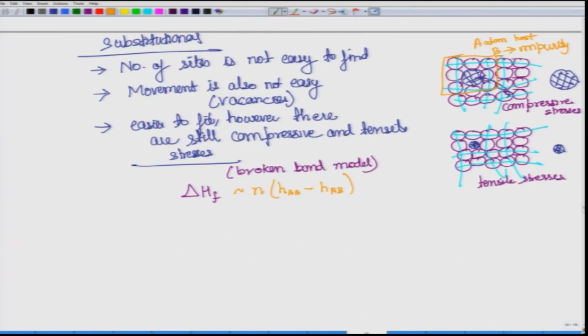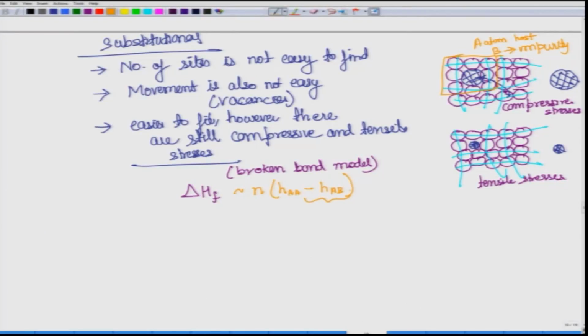So, HAA minus HAB. So, this delta H formation would be related to the difference in the bonding energy between these two. If you remember, for vacancy also we said that the formation energy would be related to the number of broken bonds. Here the bonds are broken, but they are also getting replaced by another substitute atom. So, that is represented by this HAB.